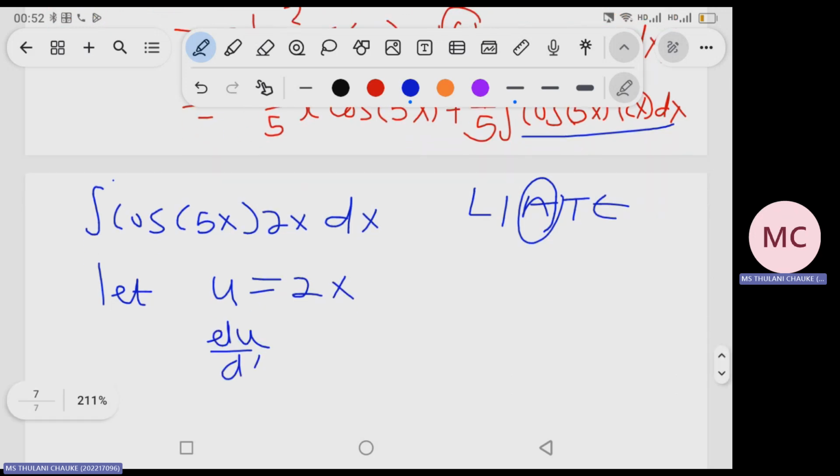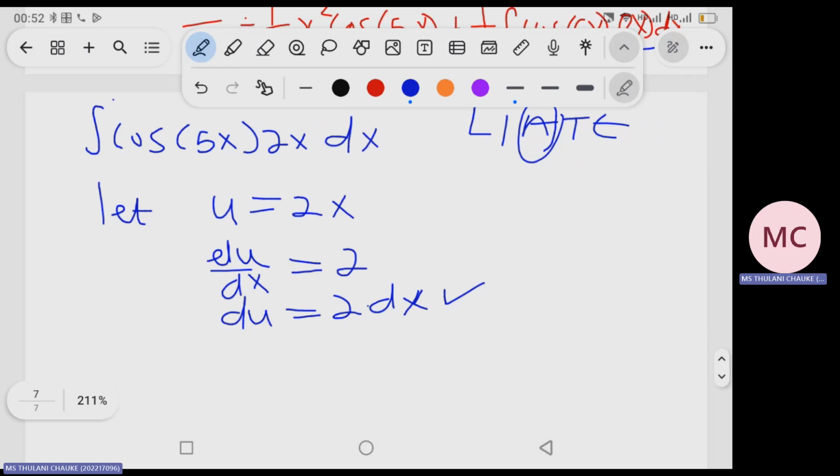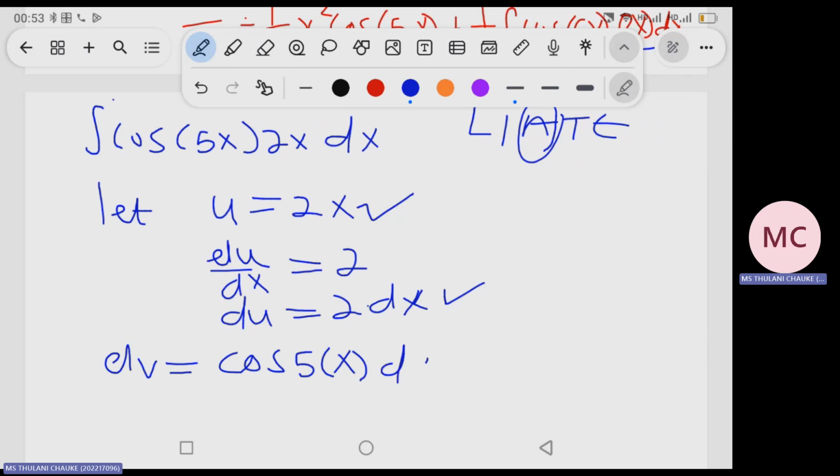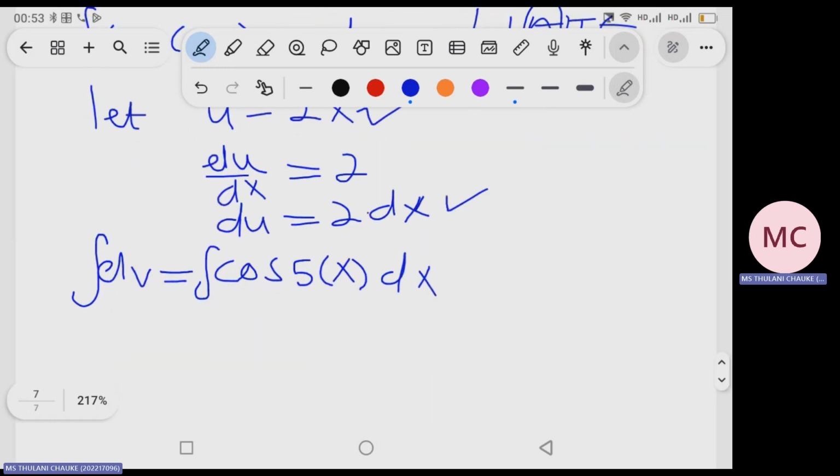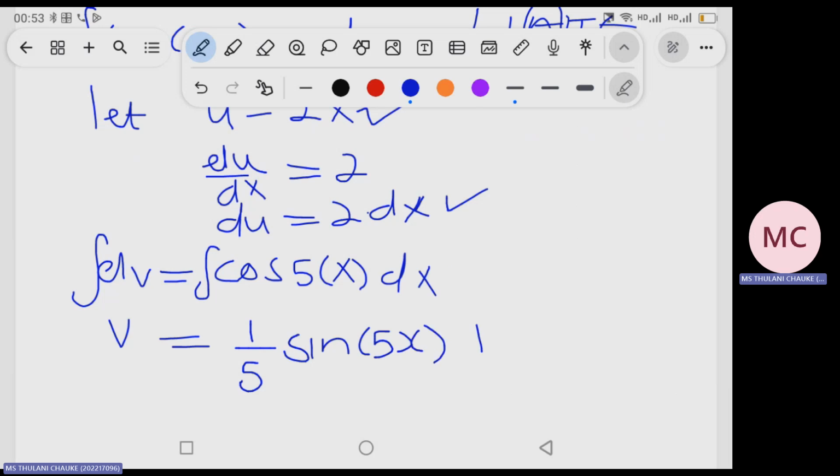The du over the dx will be 2, then the du will be equal to 2 dx. Now I have my du, I have my u, then the dv is equal to cosine of 5x dx, and then I integrate both sides. The integral of dv is v. The integral of this one will be positive 1 over 5 the sine of 5x plus c.